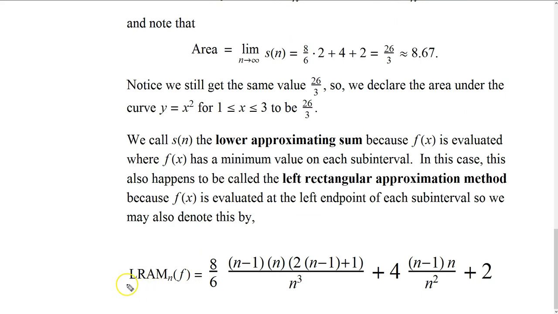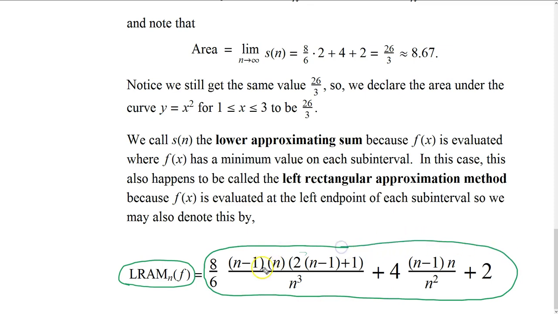So notice that we'll use the notation LRAM, meaning left rectangular approximation method, for the function f. And in this case, we found it to be this quantity right here. And when we took the limit as n goes to infinity, we found it to be 26/3, or 8.67, which was the same as what we had found for the right rectangular approximation method, or the upper approximating sum.